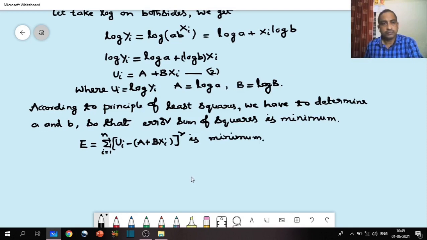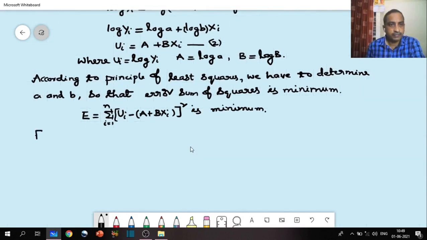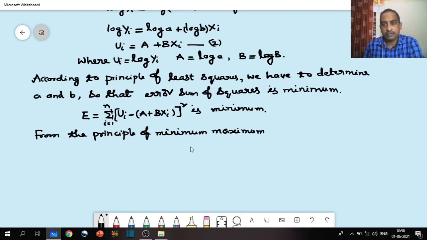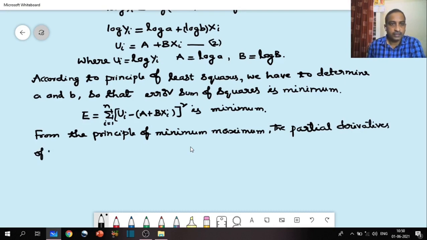Right? So now from the principle of minima and maxima, the partial derivatives of E with respect to A and B vanish separately.